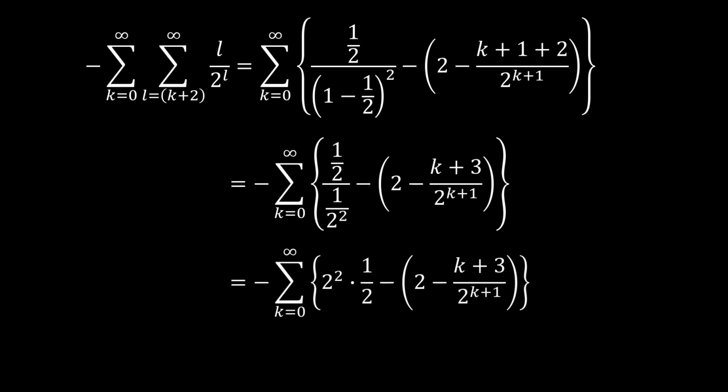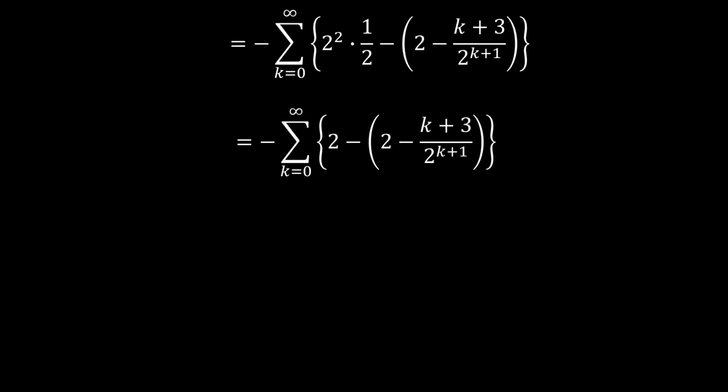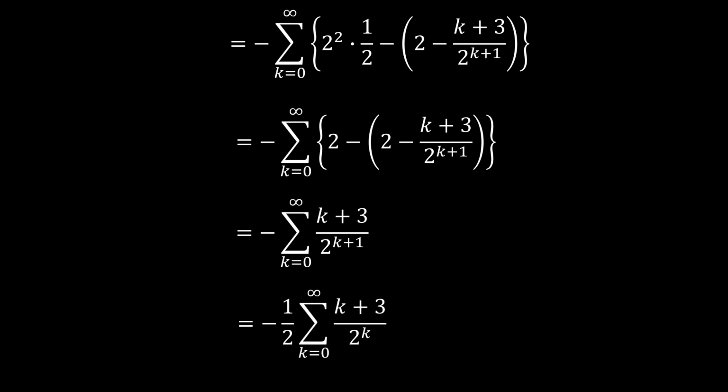And that simplifies to what we have here, which is (k plus 3) over 2 to the power k plus 1. And remember, we do have the negative sign out, right?